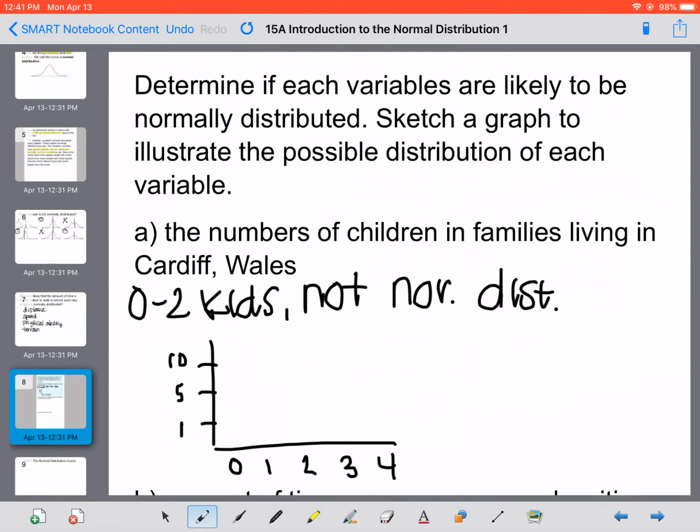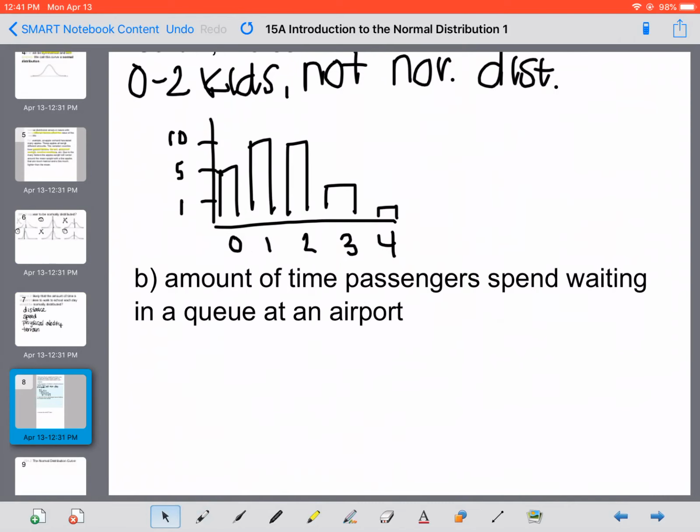I'm just making up numbers here, but we could have 5,000 families have 0, and 10,000 families have 1, and 9,000 families have 2. But then as we get to 3 and 4, we could easily see only 1,000 and then almost no families having 4 kids. So this is not a normally distributed problem.